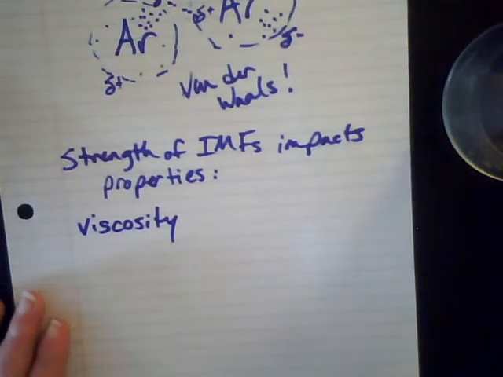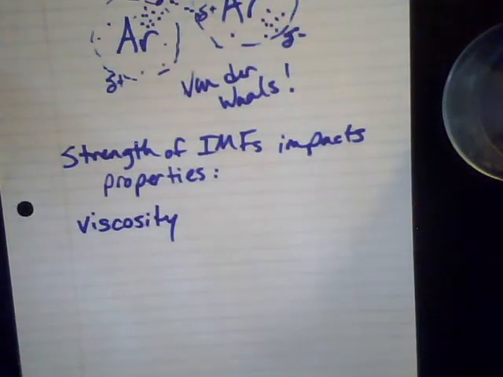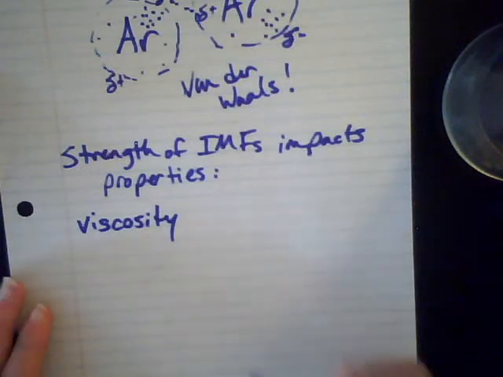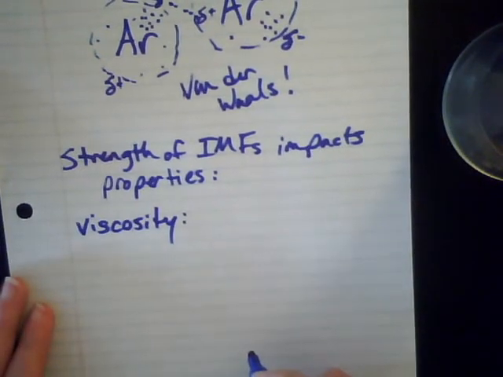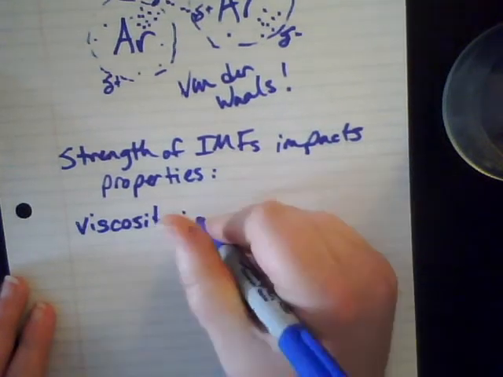And again, we're focusing mainly on liquids, but this can also be seen in gases that are non-ideal, and it can also be seen in some solids. I mean, not viscosity, obviously, but some of these other ones. So viscosity is how resistant a liquid is to flow.